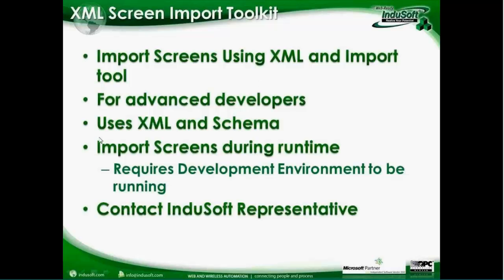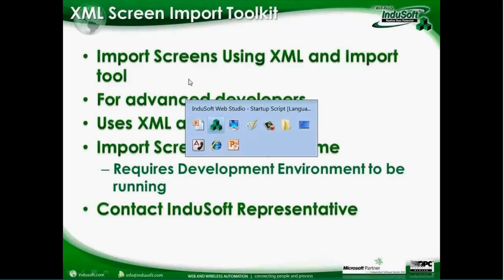So in addition to this import tool, we're also going to have an import function that will support importing screens from XML formats during runtime. Now this requires the development environment to be running on the same machine to support that. But I'm going to briefly show you the import tool.